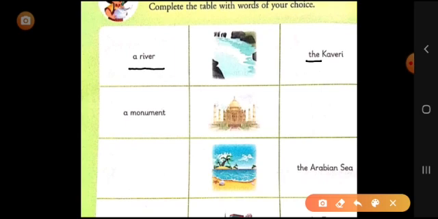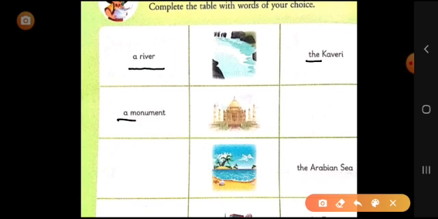Now look at the second picture. There's a picture of a historical monument. So in the first column it is written a monument. So in the next column, can you identify the picture? Yes, it is the Taj Mahal.